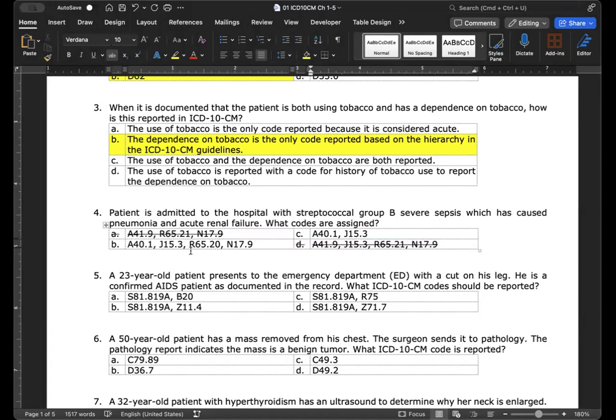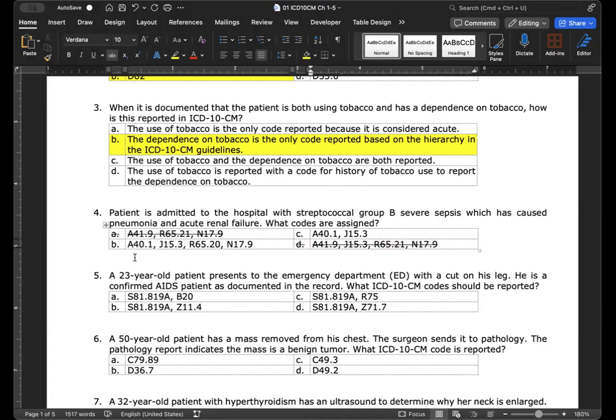So then we need to go to R65.20, determine if we need that code or if we should only code the J15.3 with it. R65.20 is going to be for our severe sepsis without septic shock.